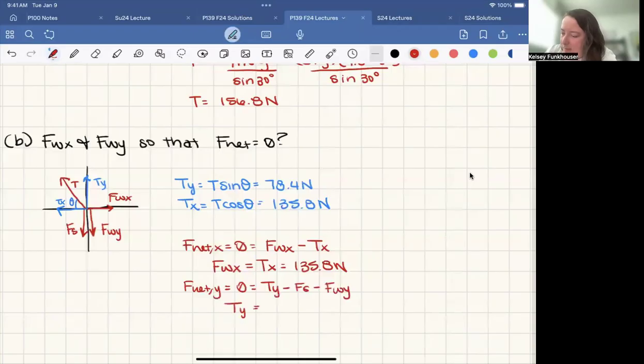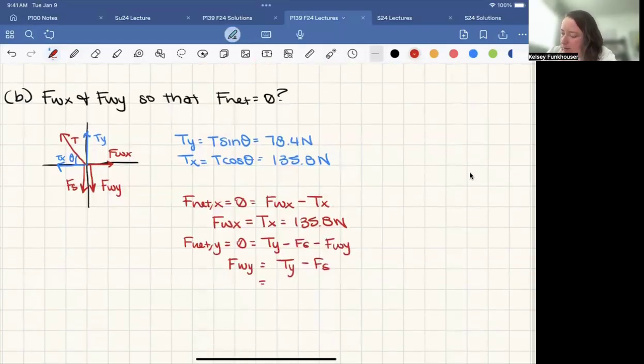No, sorry, I'm mixing myself around. We'll add the wall force to both sides so that we get the tension in Y minus the force of the sign, and that will tell us what our Y component of the force from the wall is.